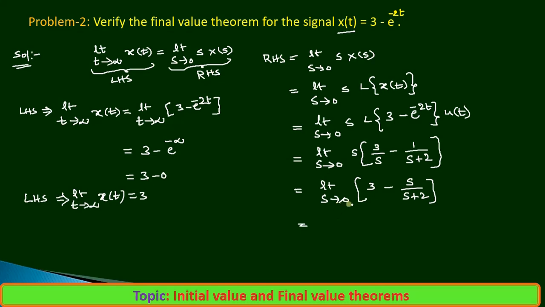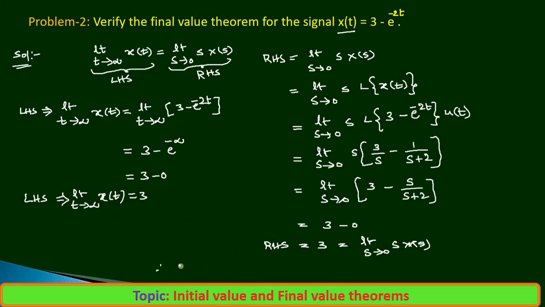Now we apply 0 in place of s. So we get 3 minus 0, so its value is equal to 3. This is nothing but the RHS, or we can also say it is limit s tends to 0 of s times X(s).